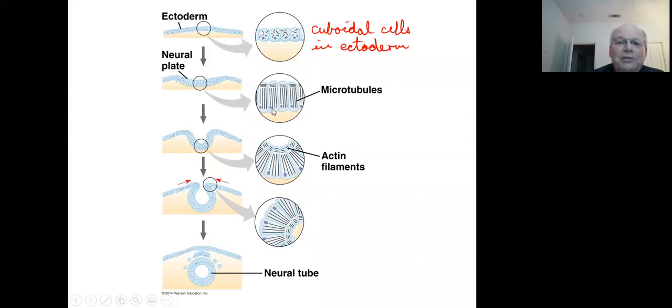Once the elongation of the microtubules has completed, the microfilaments contract, as microfilaments do, and that narrows this end of the cell and broadens the other end of the cell. And that's what leads to the rolling around of the developing neural tube.